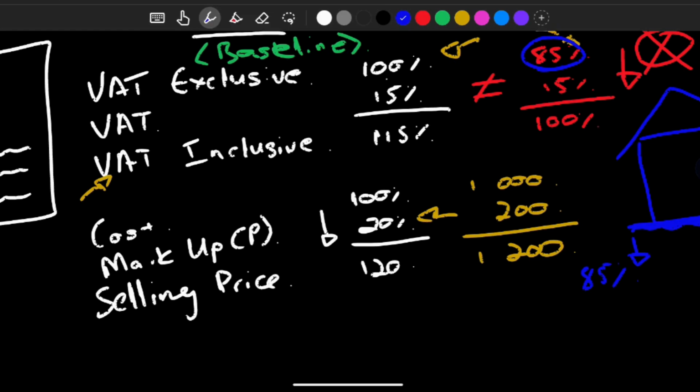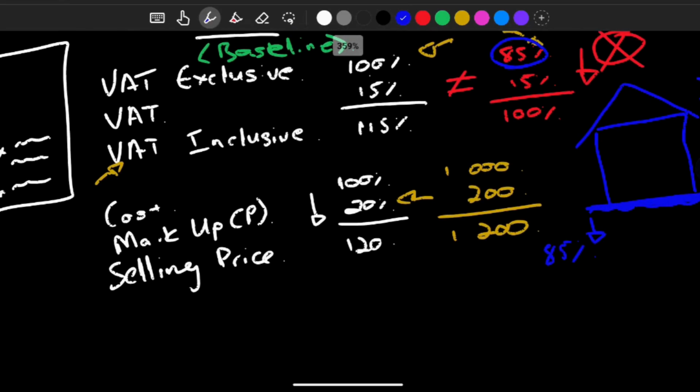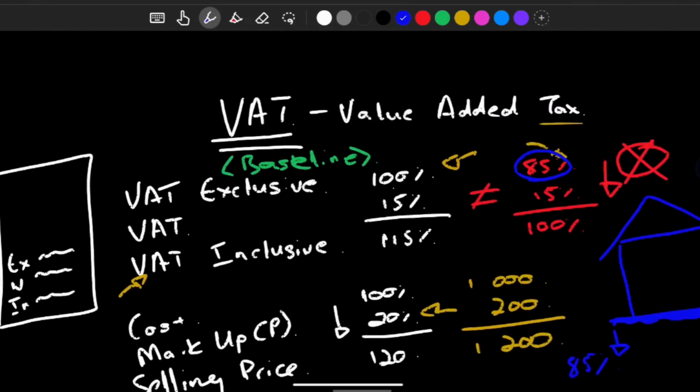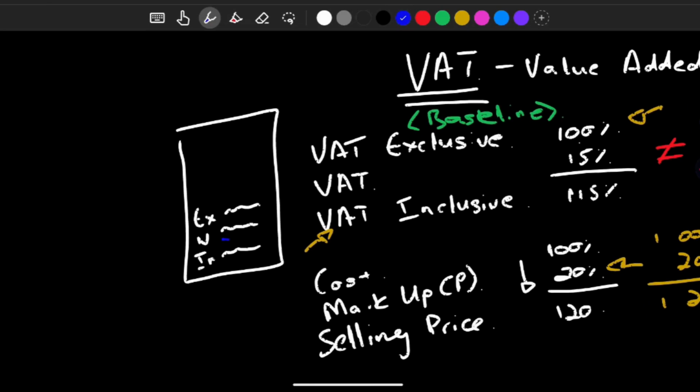So to also give more context or an idea around why or how this happens, right? How VAT happens, because at the end of the day, yes, it's value added tax, but when you buy, all you see is this VAT amount, and you're like, I'm just paying 15 rand or 15% extra for no reason.